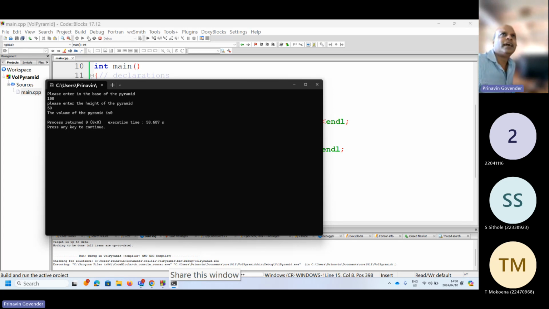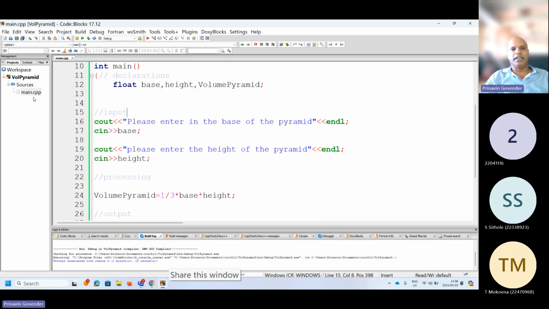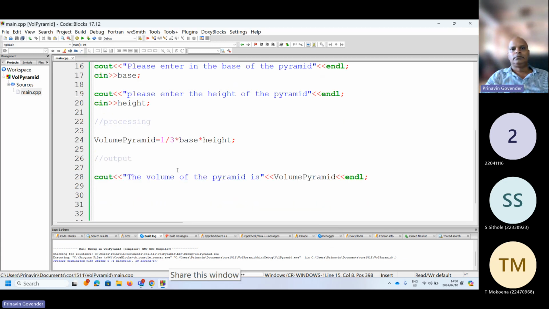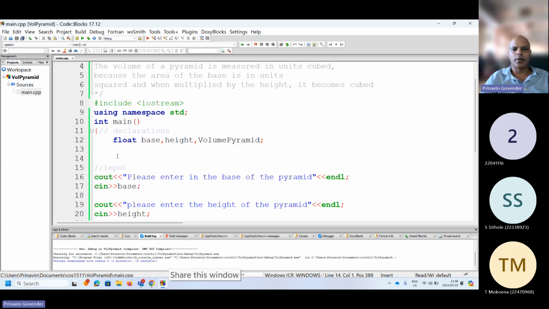Oops, I'm not the winner. The volume of the pyramid is 0. I'm not the winner. Let me see what I did. What did I do wrong? I want to be the winner.